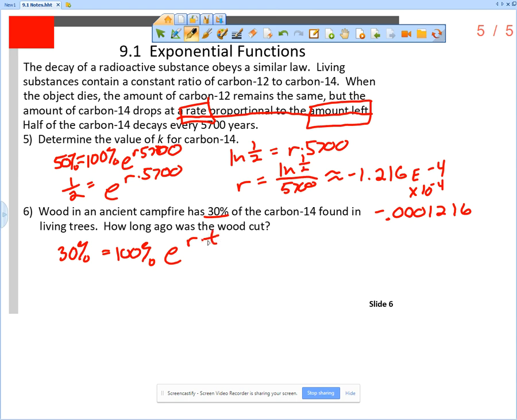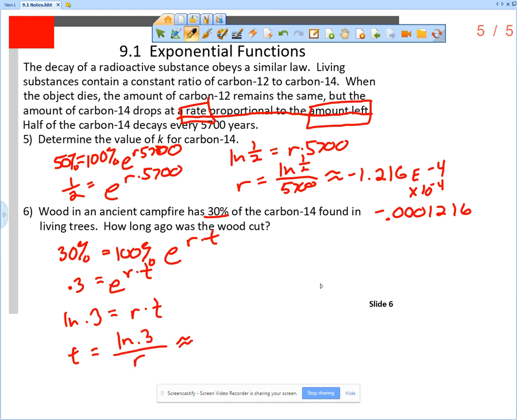Now, t is what we want to know because that answers the how long. So we divide by 100. Of course, we get 0.3 equals e to the r times time. And so natural log of 0.3 equals r times time. So time equals the natural log of 0.3 divided by r.